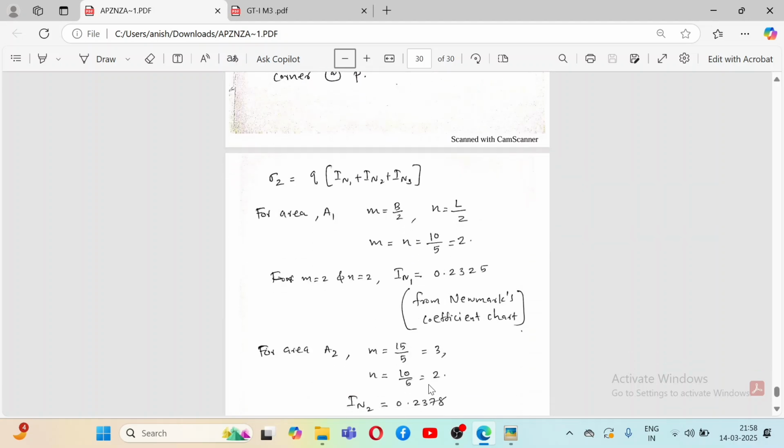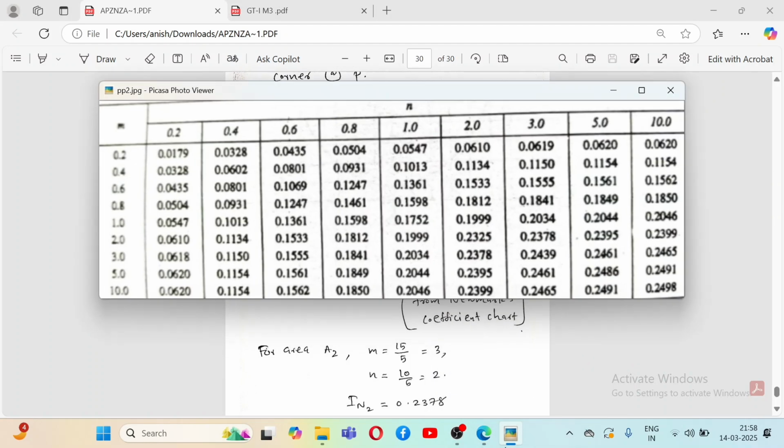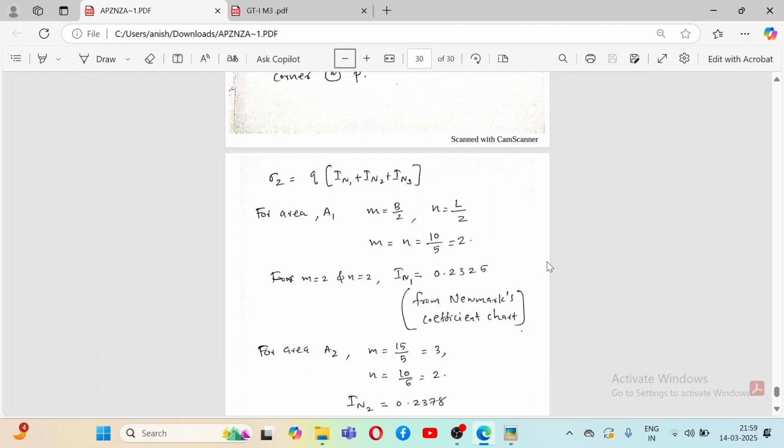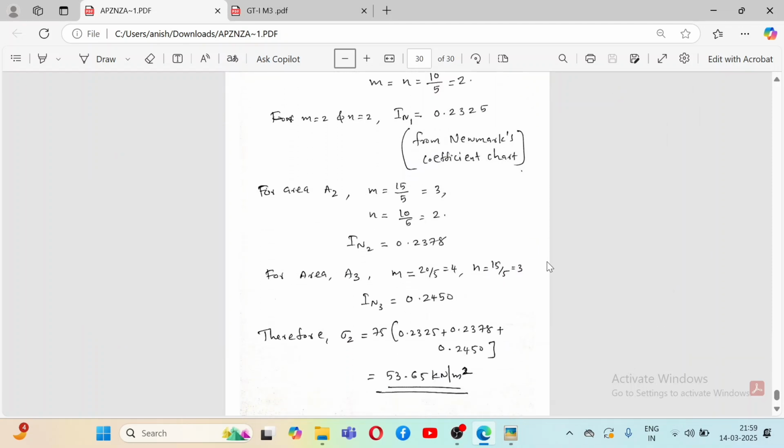So M is 3, N is 2. You look back to this coefficient chart. M is equal to 3, corresponding N. And what do you get for N here? 2. 0.2378. That is IN2. IN2 value is noted down. And then you go back to area number 3.